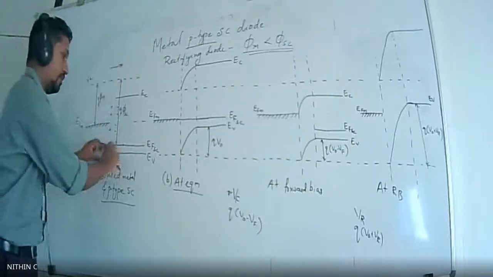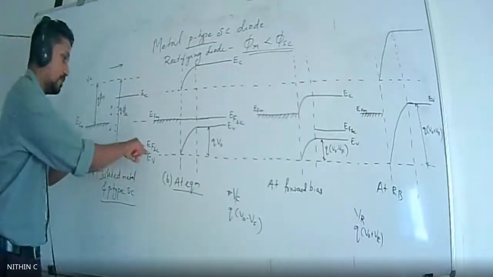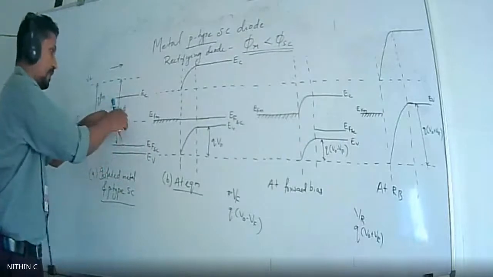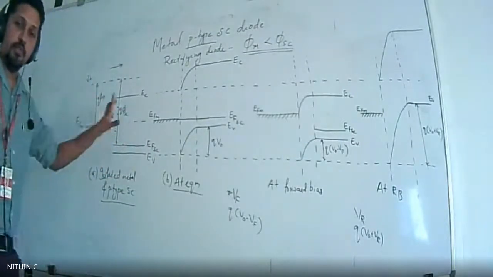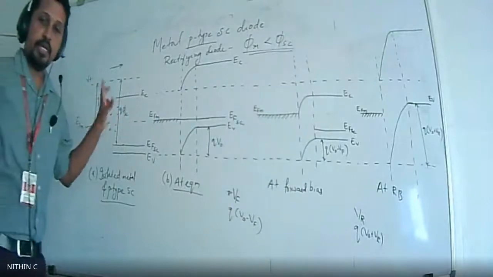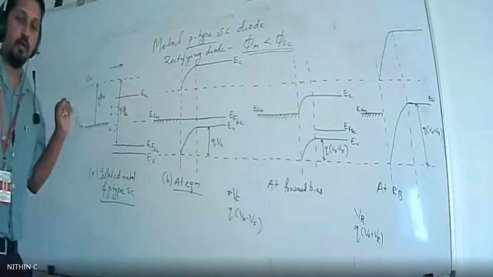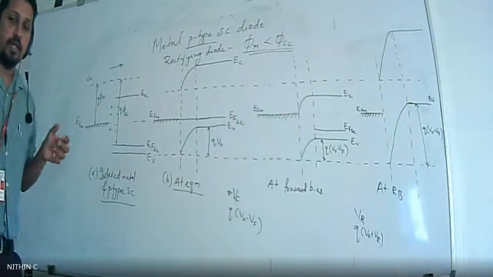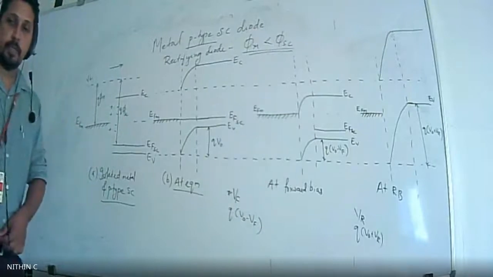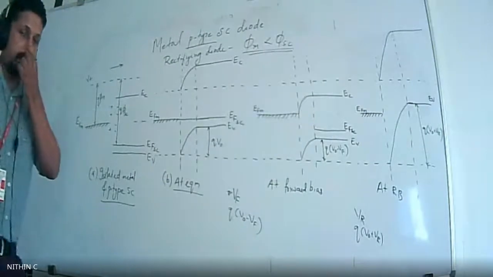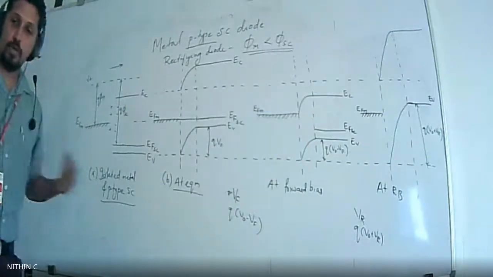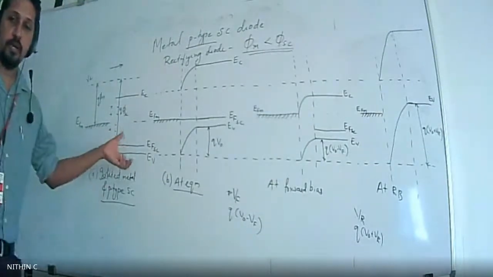So we mark EV over here, EFSC closer to EV, and so Q phi sc in this manner. This is greater than Q phi m, so this will behave as a rectifying diode. Rectifying diode means the direction of current is restricted to one direction. It will restrict the current flow in the opposite direction. That is what we call rectification.